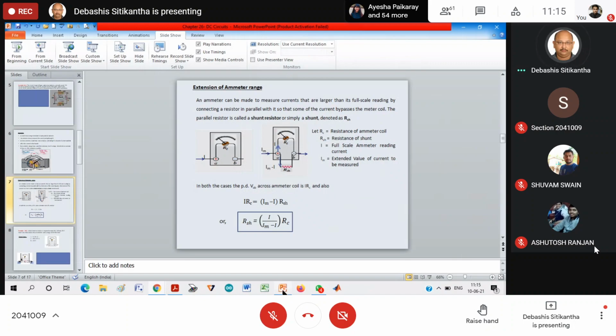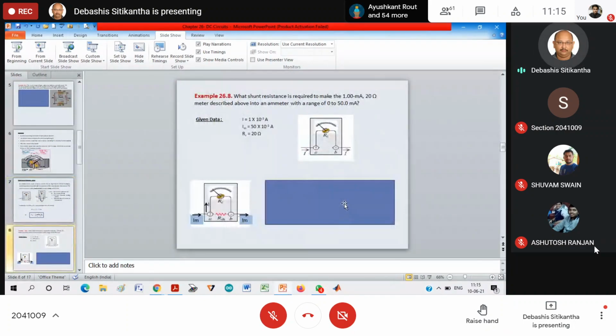Now let us do a small problem. I will not solve this problem because it is a very easy problem. I am giving you 2 minutes of time. Please solve this problem. The question is, what shunt resistance is to be connected to make this 1 milliampere, 20 ohm meter described over here into an ammeter with a range from 0 to 50 milliamps? So here the normal current of this ammeter is 1 milliampere.